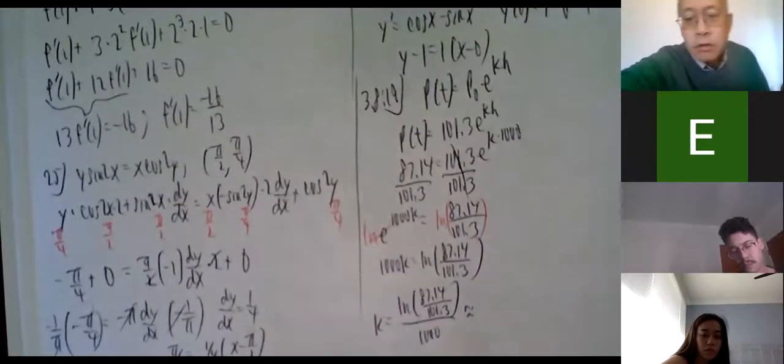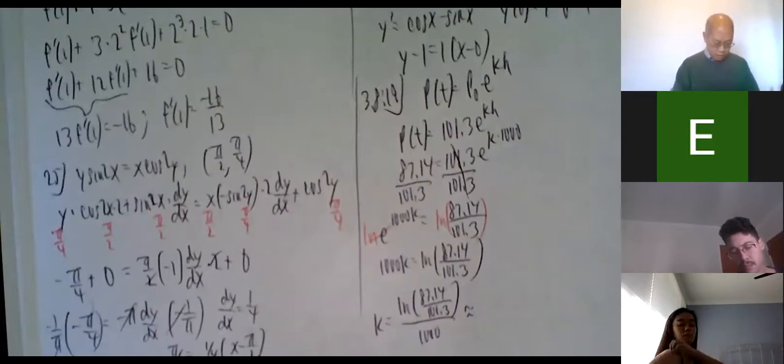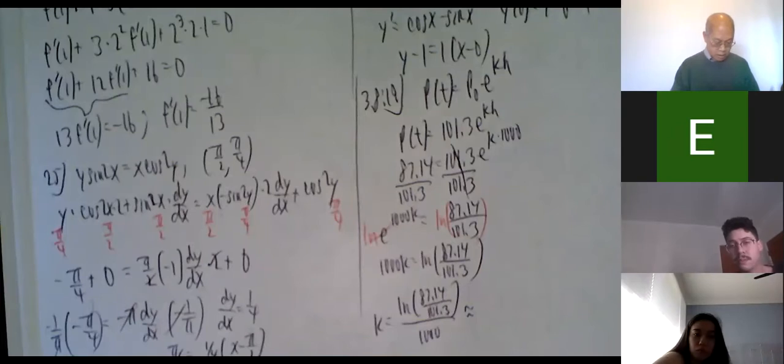Approximately. Find my calculator here quickly. Natural log parentheses 87.14 divided by 101.3, divided by 1,000.